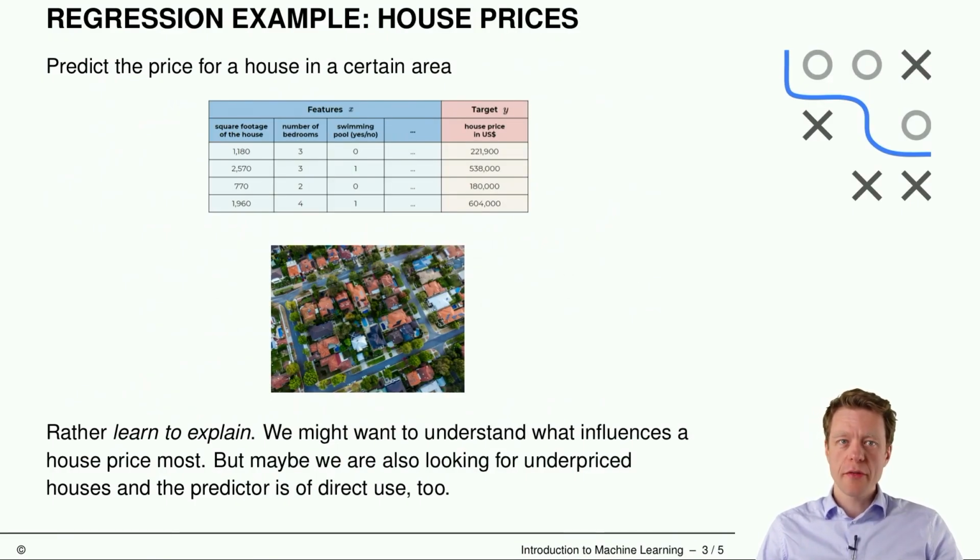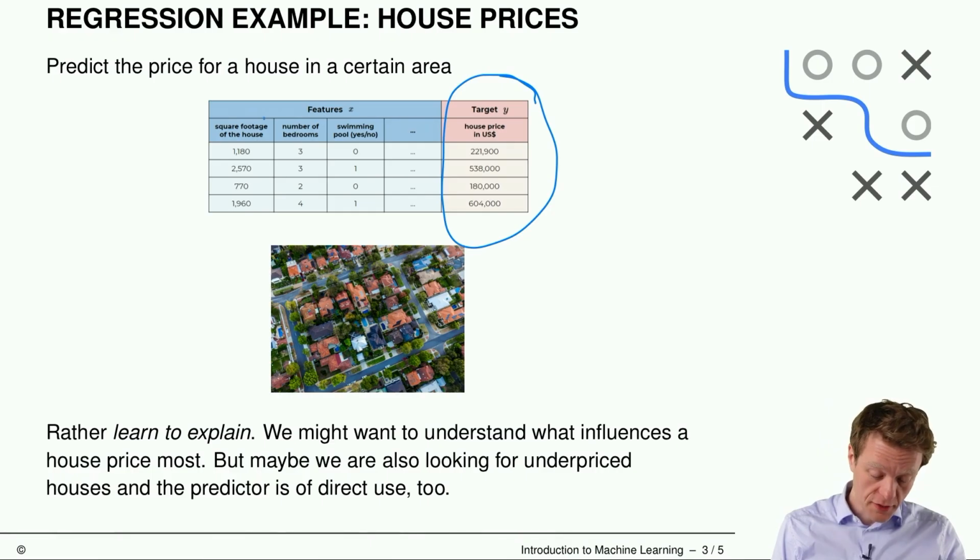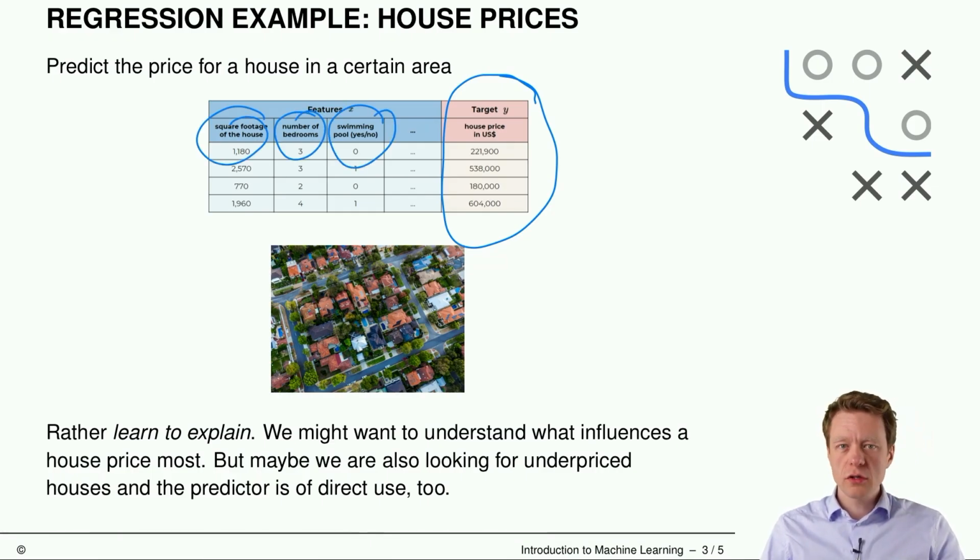Let's finish with three examples on regression and classification. The first is a regression example where the target variable is the house price of certain houses, and as features we have the size of the house, number of bedrooms, swimming pool, yes or no. We could want to explain the price for a certain house.